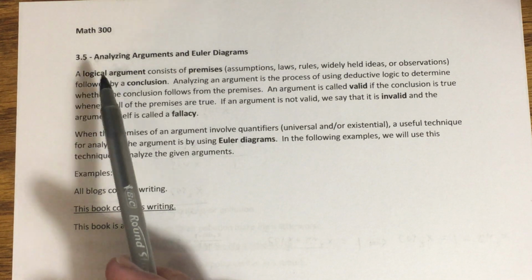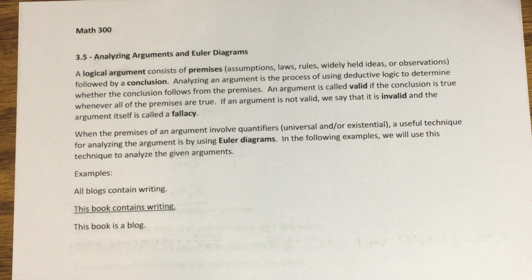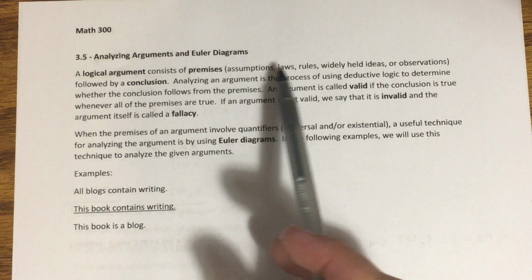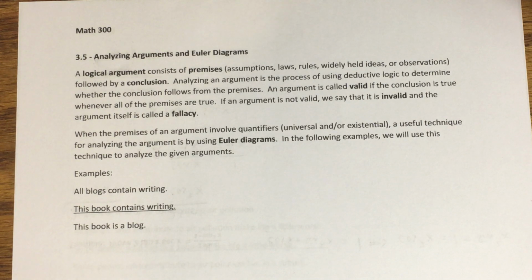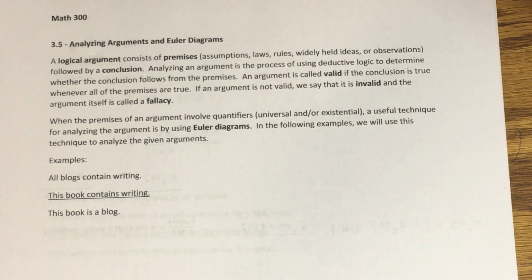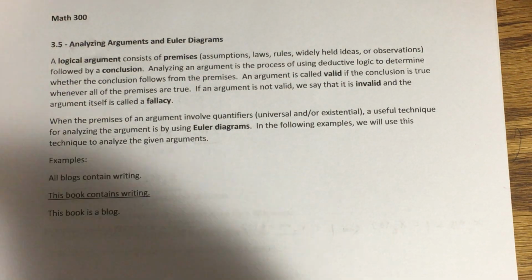A logical argument is an argument that consists of what we call premises. Premises are assumptions, laws, rules, widely held ideas, or observations. And then those premises are followed by a conclusion. And we'll be able to see in the examples which parts of an argument make up the premises, which parts of the argument make up the conclusion.